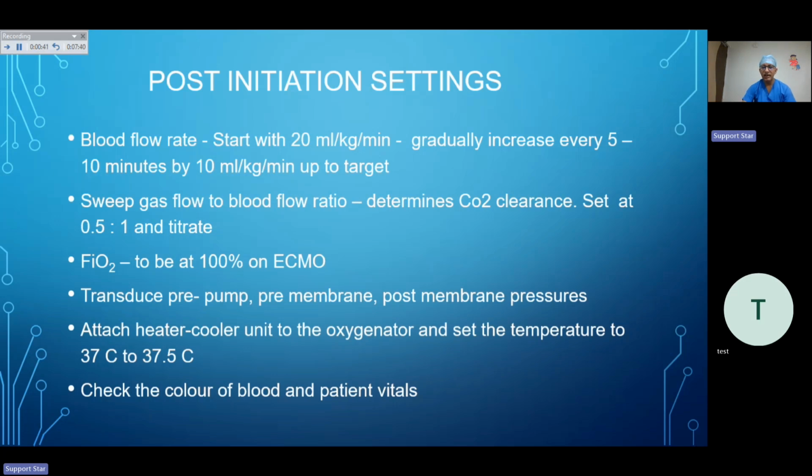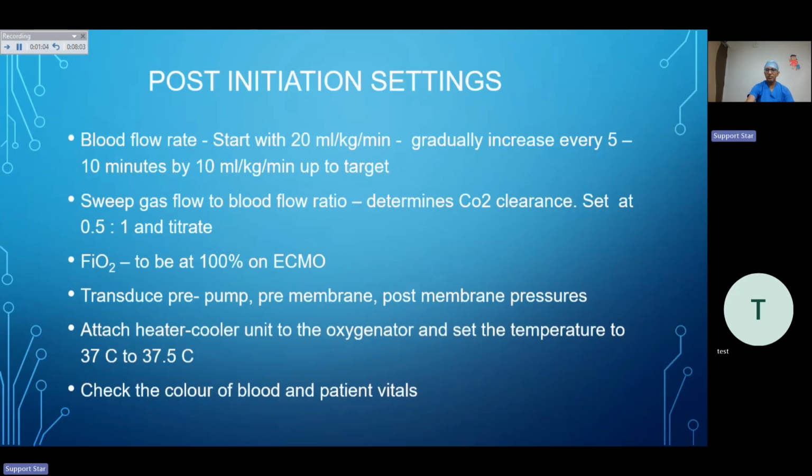Like in regular arterial or central line circuits, we transduce the ECMO circuit to the monitor and we see the pre-pump pressure, that is before the pump, then pre-membrane, which is pre-oxygenator, and post-membrane, which is post-oxygenator. We keep the pre-pump pressure less than -50.